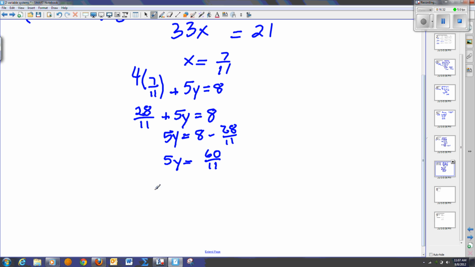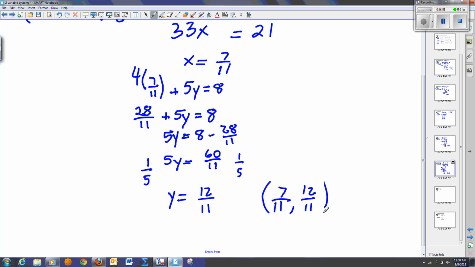So I divide both sides by 5, or I could multiply by a fifth, which is probably easier, at least for me. So I get y equals 60, and the 5 goes to a 12, so that's 12 over 11. And thus I have one solution of x and y. 7 over 11 for my x, 12 over 11 for my y, and I'm out.